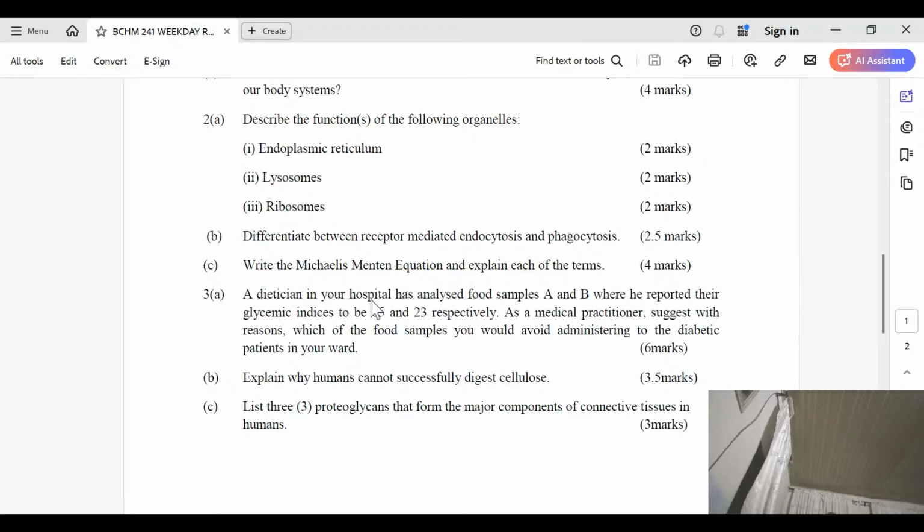Correct it. I'm waiting for you to correct it. Yes, excellent. V is equal to Vmax S divided by Km plus S.